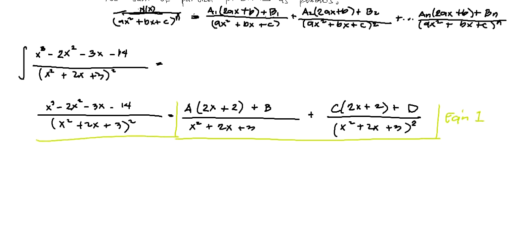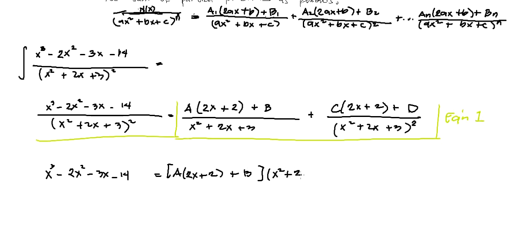Okay, then let's clear some fractions by multiplying both sides by the x squared plus 2x plus 3 squared. So what we have left here is x cubed minus 2x squared minus 3x minus 14 is equal to this term, A times 2x plus 2 plus B by x squared plus 2x plus 3, right?